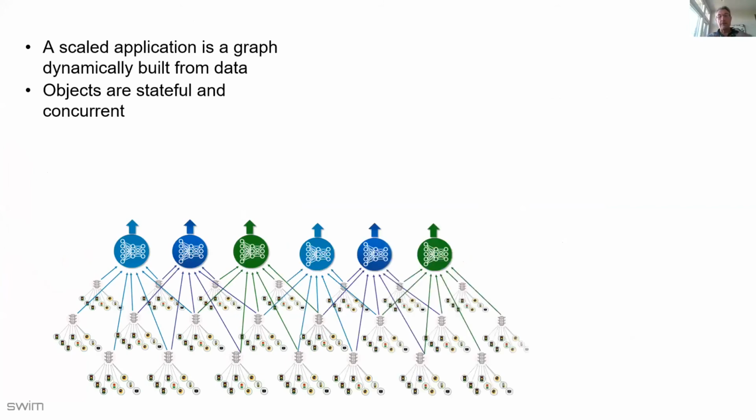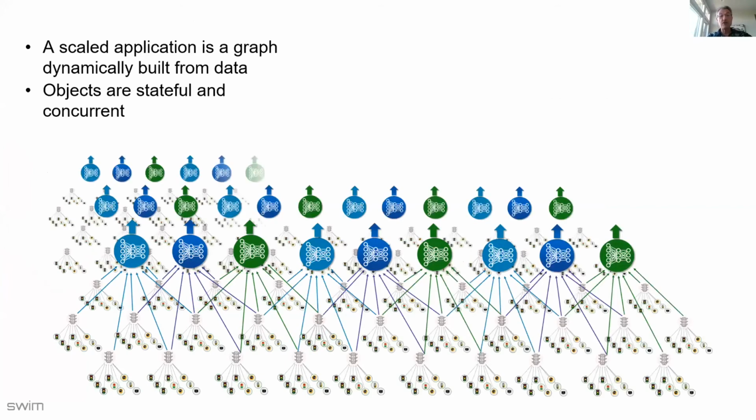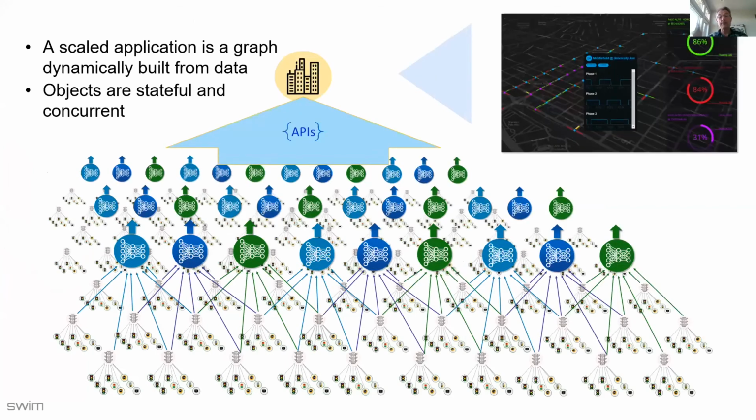So what does an application look like? An application is a graph which is built by data, potentially of massive scale, hundreds of millions of these web agents, which lives on this mesh of instances. Each one of these web agents is performing its own analysis and streaming its own predictions, analysis, whatever, responses back up through the broker or to a UI.